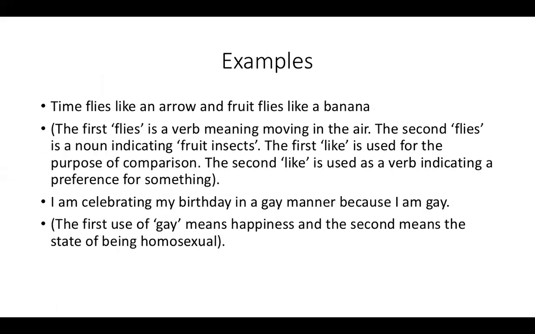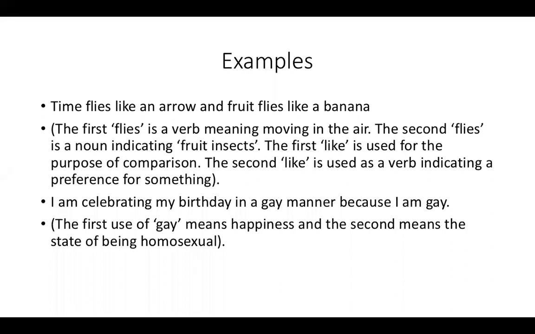So, time flies like an arrow and fruit flies like a banana. The first flies is a verb meaning moving in the air. The second flies is a noun indicating fruit insects. The first like is used for the purpose of comparison.